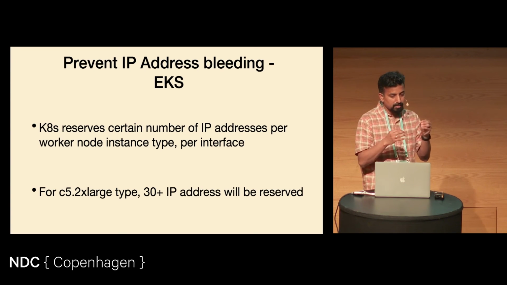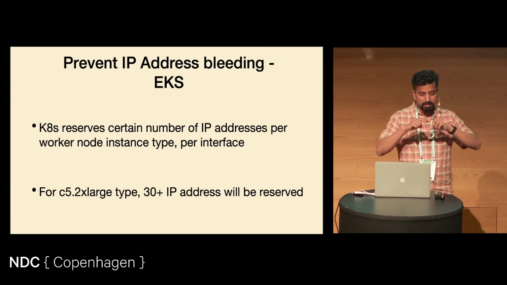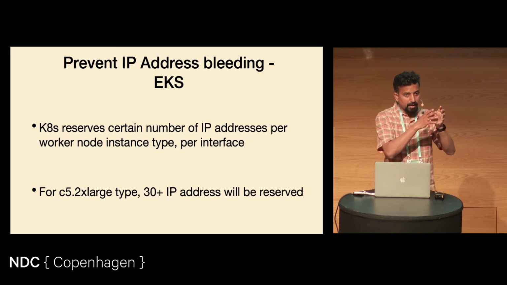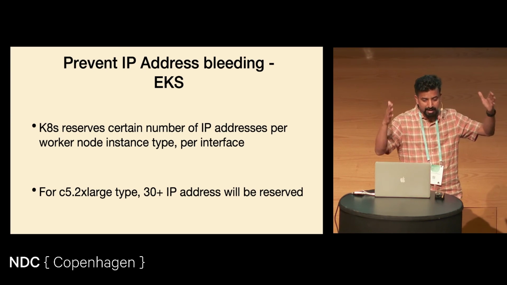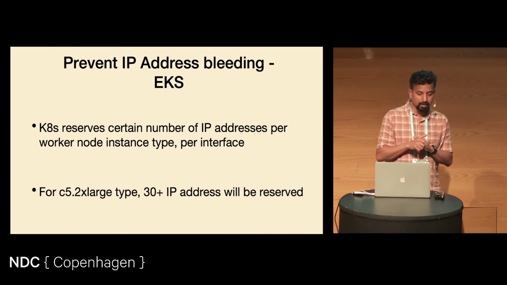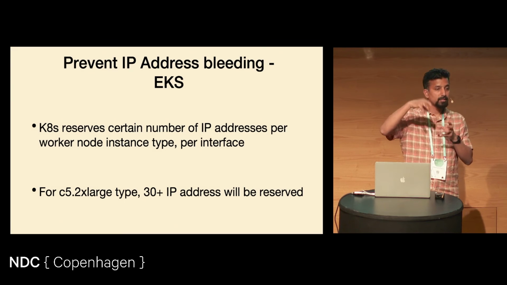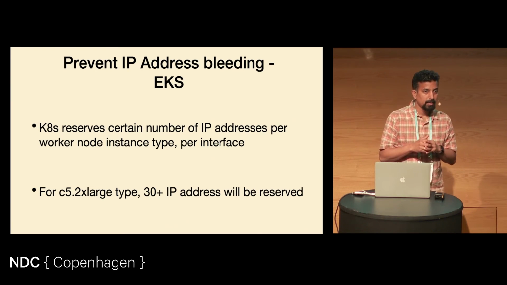For example, if my worker node instances are C5 2xlarge, and I scale so many browsers, and suddenly I have 10 different C5 2xlarge, Kubernetes will allocate 30 plus private IP addresses to each of these boxes, right?